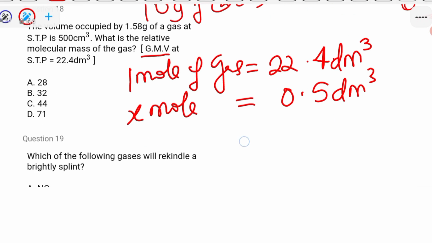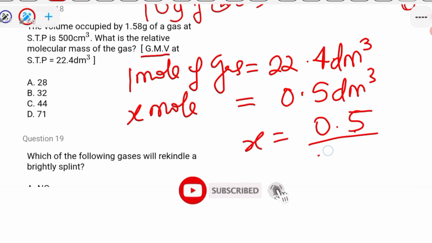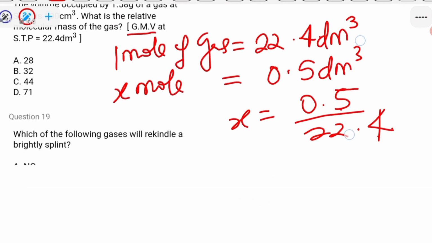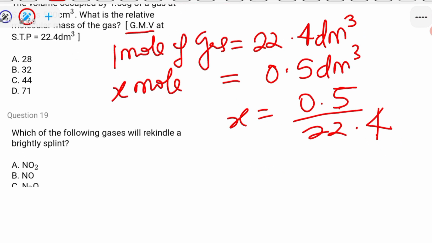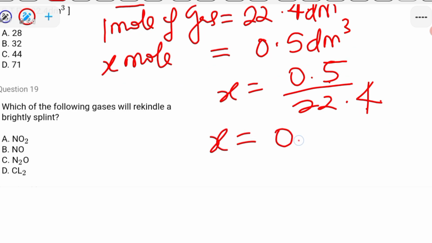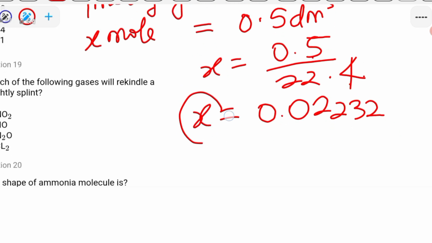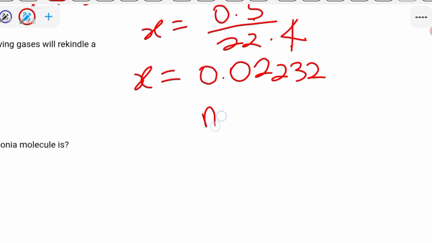I'm looking for X now. If you cross multiply, X will be 0.5 divided by 22.4. If you divide that, you will get X equals 0.02232. So this is the number of moles of the gas. But you know that number of moles is equal to mass over molar mass. It's the molar mass I'm looking for, and they're giving me the mass already as 1.58.